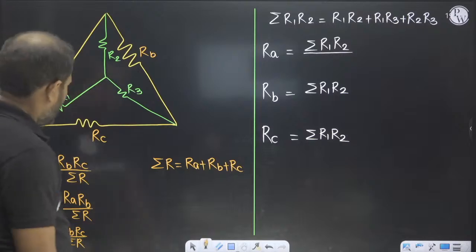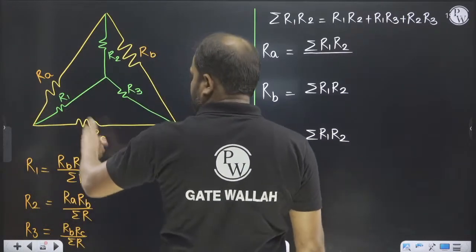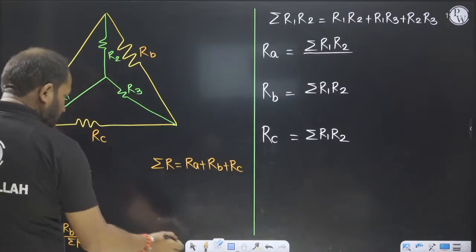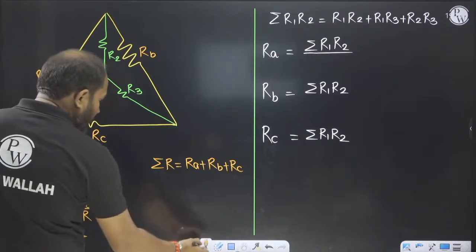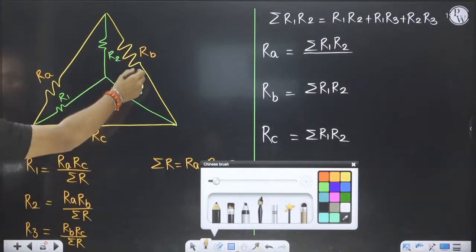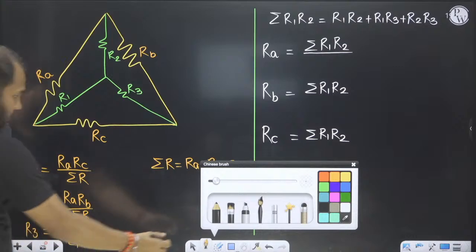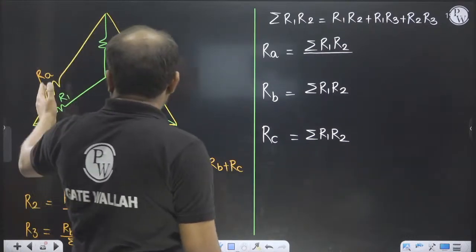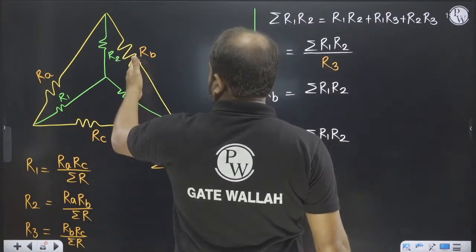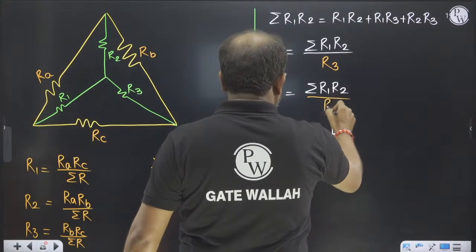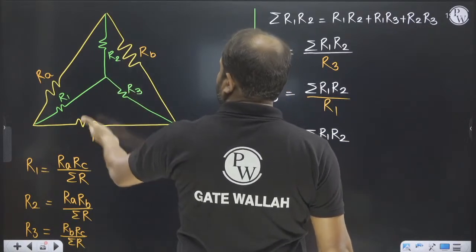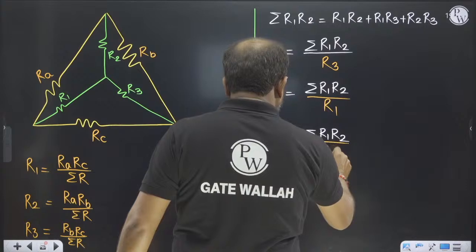So for R1, RA RC; for R2, RA RB; for R3, RB RC. Okay. So for RA, R3 is opposite, divided by R3. For RB, R1 is opposite, divided by R1. And for RC, R2 is opposite, divided by R2.